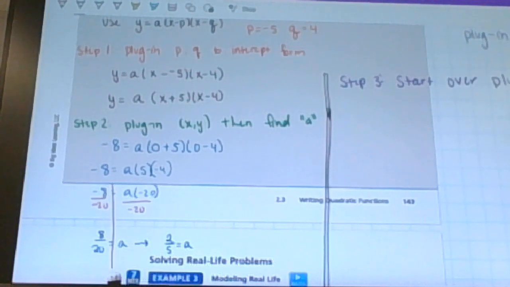Start over. This time we're plugging in a, p, and q, the a that we found and the intercepts.